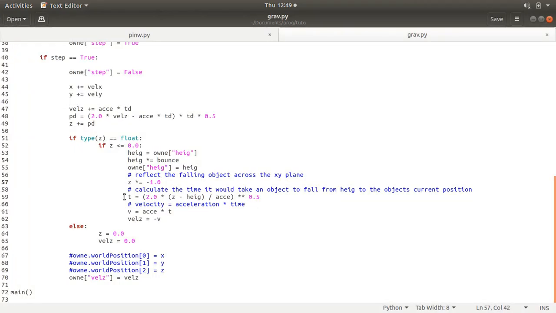So here's where I solve for time based on the new height, and then I get a new velocity, and I set velocity to the opposite of v to send it back up.